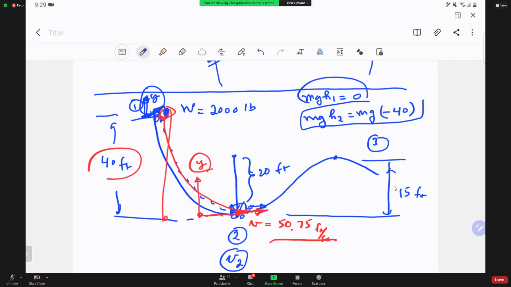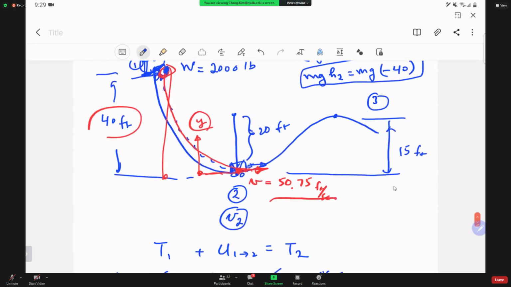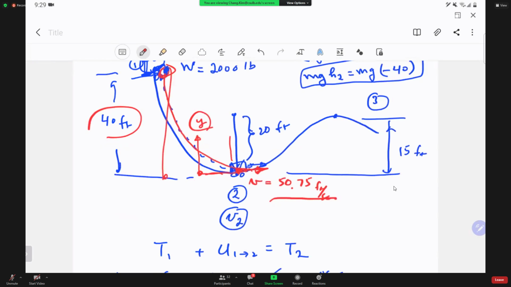Now, once again, I can ask you, what is the acceleration in the normal direction, which is toward the center of the curvature?